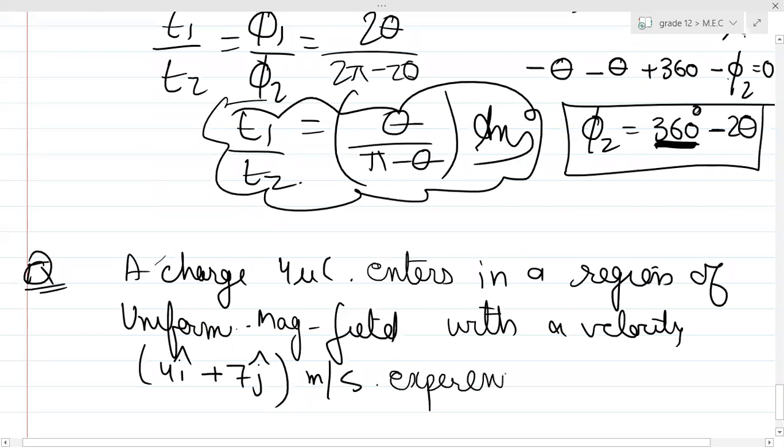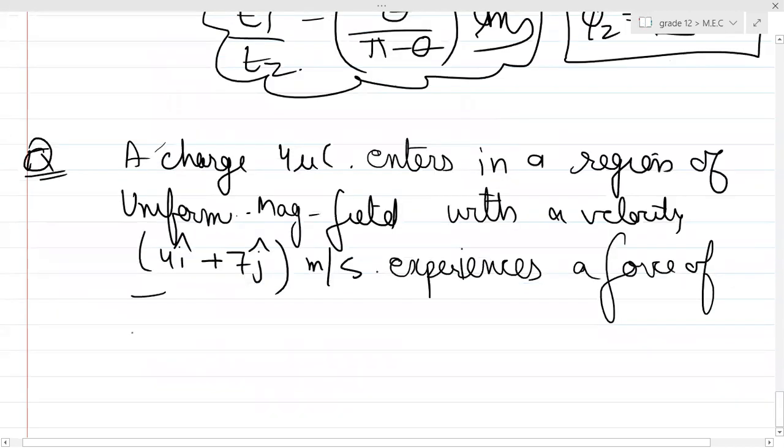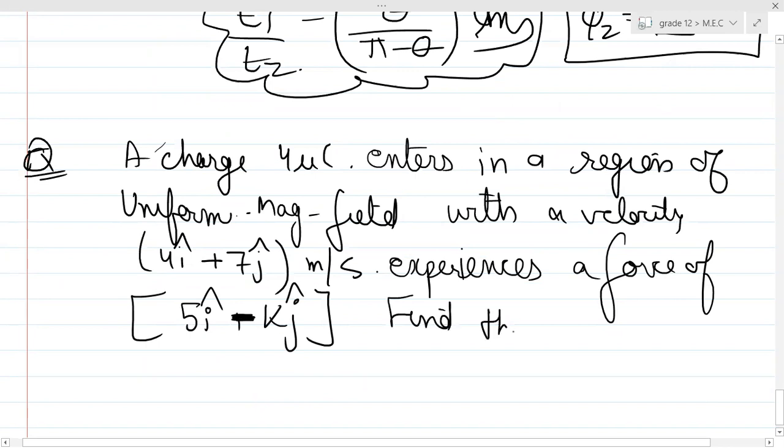It experiences a force of 5 i cap plus k j cap minus k. So find the value. I think this question is easy. The people will be able to do it now.